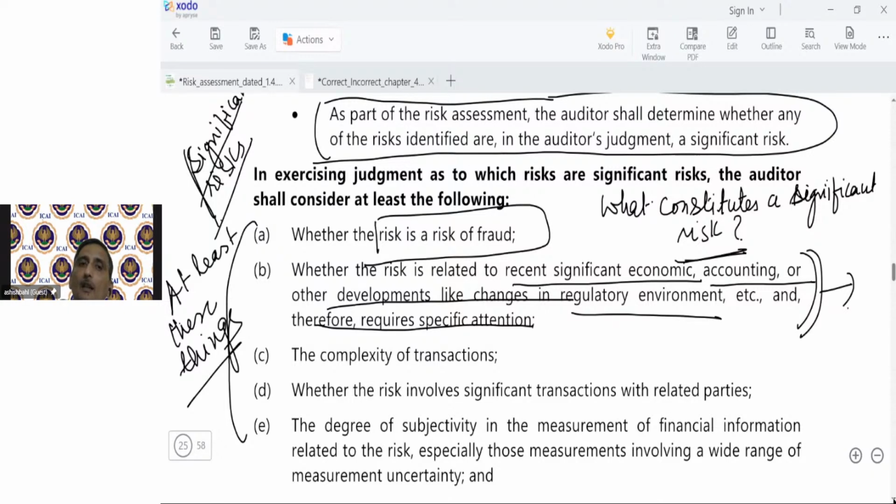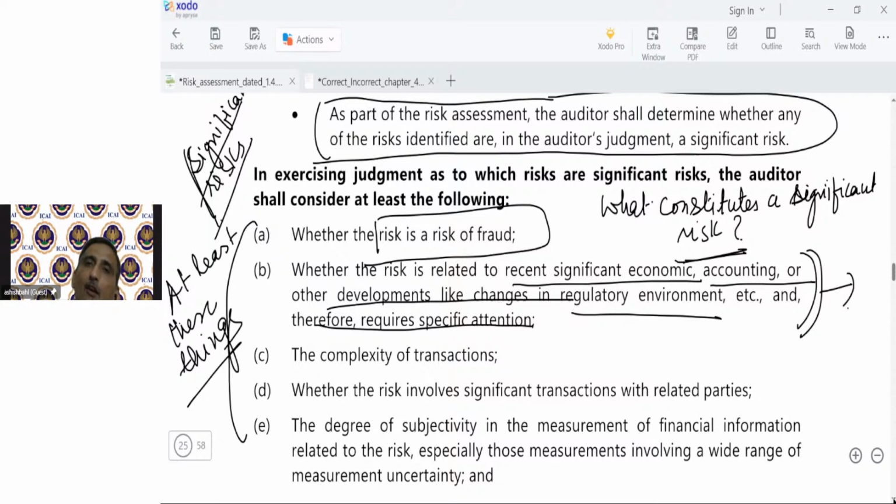So when the auditor is performing risk assessment procedures, he has to use his judgment to identify significant risks. When there is a risk of fraud, we are not talking about actual fraud. We are just talking about a possibility. Remember.